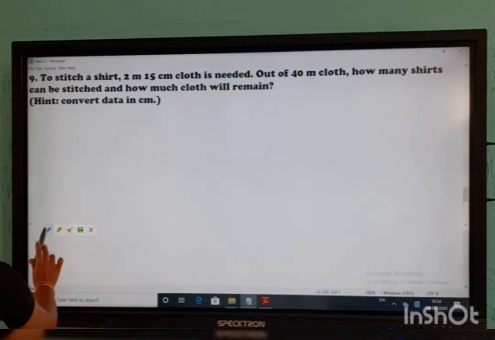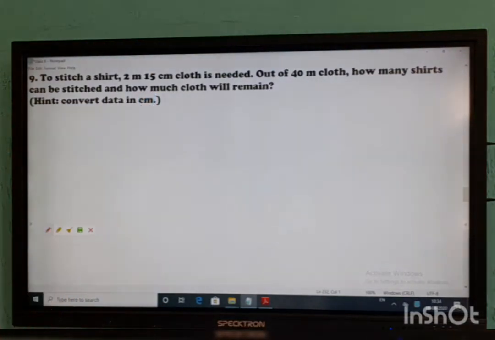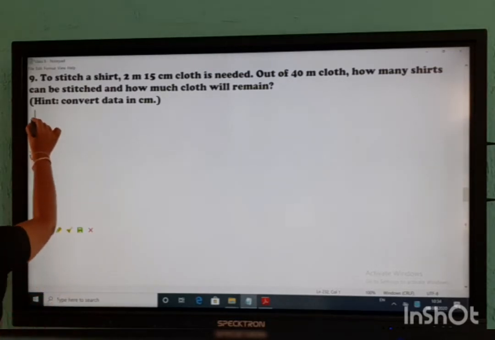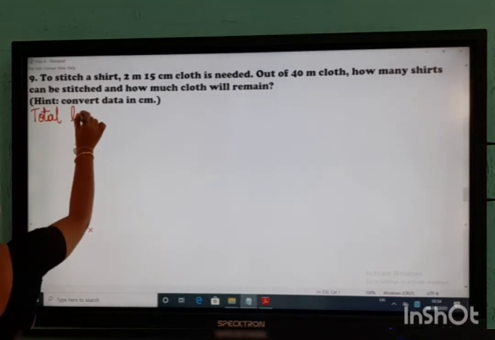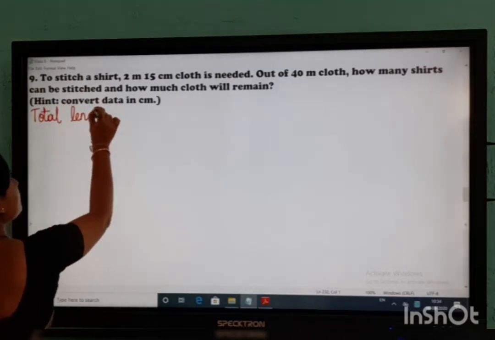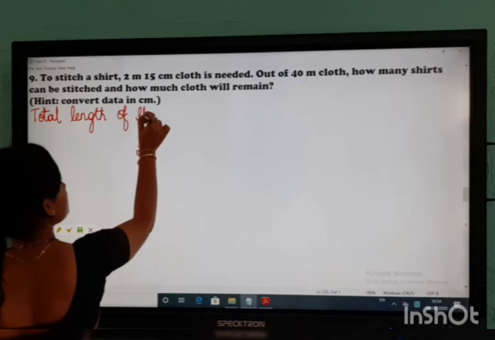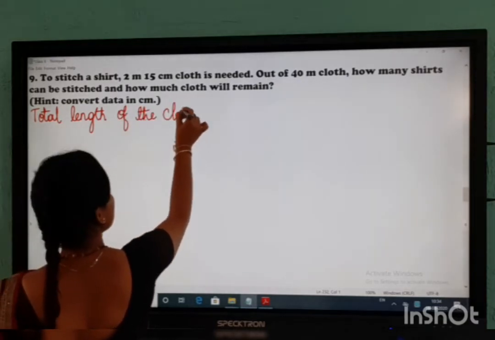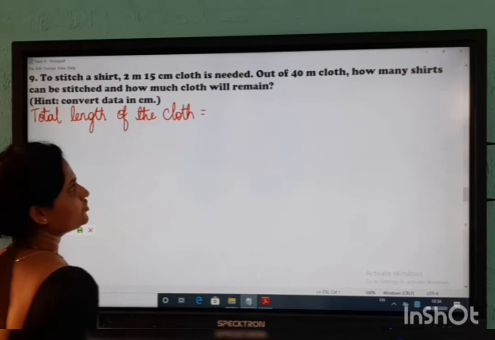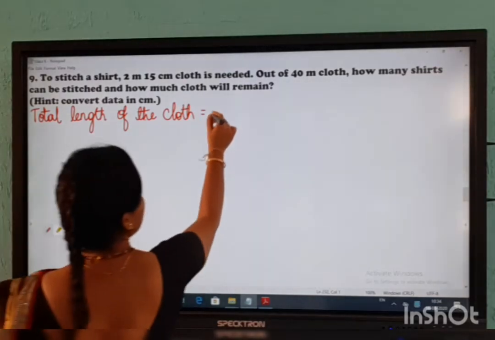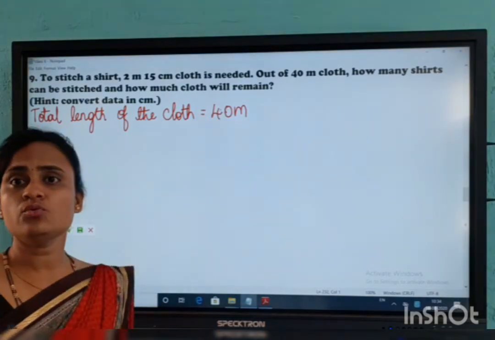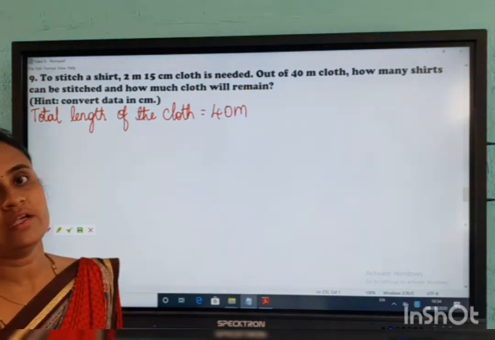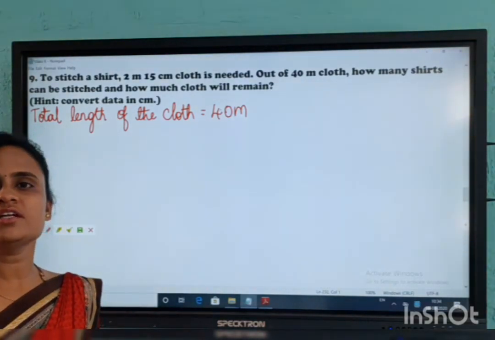Yeah. Next. So the first statement, what they have given is the total length of the cloth. We will write down: total length of the cloth. What is the total length of the cloth, children? 40 meter. See here, you should convert into what, children? You have to convert into centimeter. So 1 meter equals how many centimeters, children?